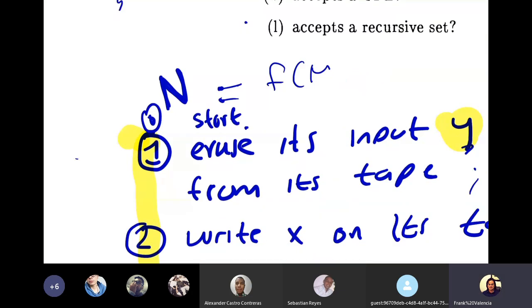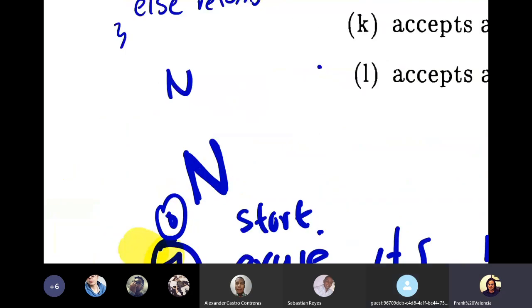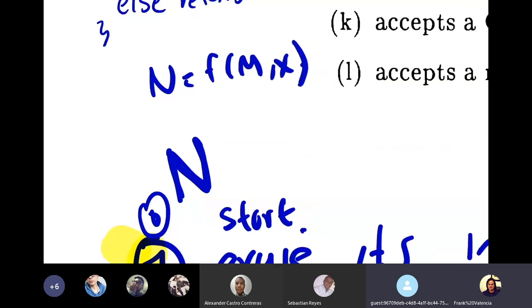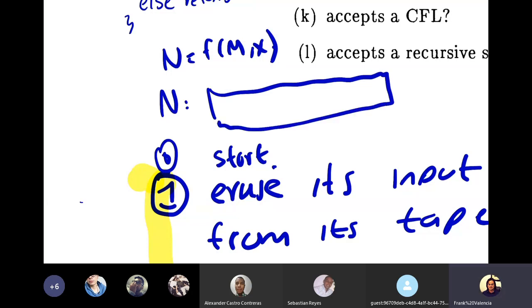Okay, let me put this here. This is N equals F of M, X. And the machine N does the following. Initially, you have the input Y here, right? And now, whatever this program does is accept or reject this Y, or loop on this input, right?